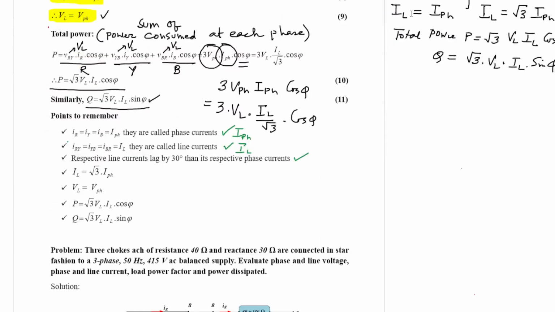So which is also true. Now we have also derived that line current becomes root 3 times phase current.